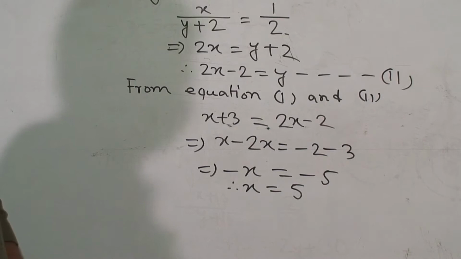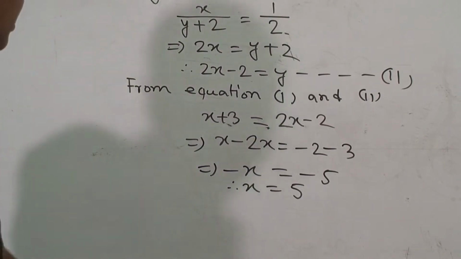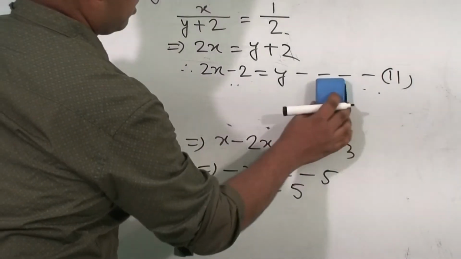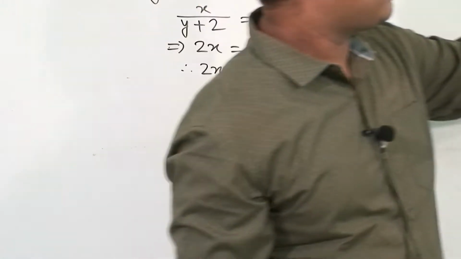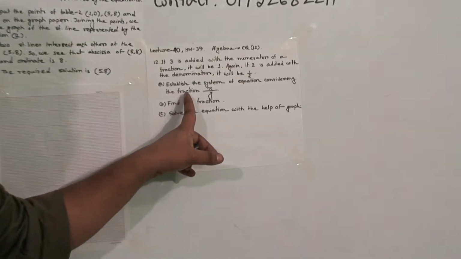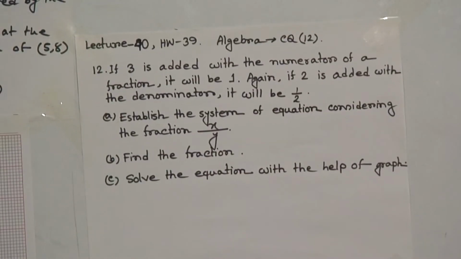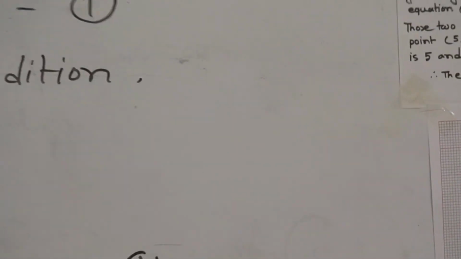Sorry dear students. Here you notice question number A: establish the system of equations considering the fraction x by y. That means here we need to find equation number 1 and 2, no need to solve.